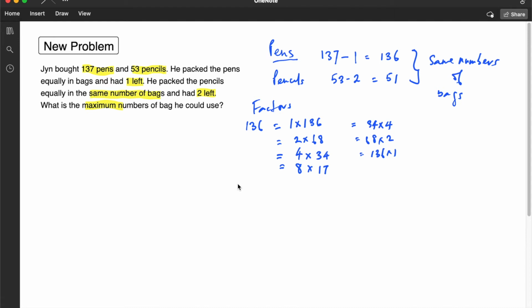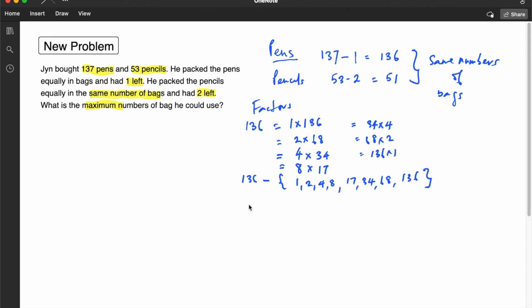So we can list these different numbers in one line. The factors of 136 are these numbers: 1, 2, 4, 8, 17, 34, 68, and lastly 136 itself.